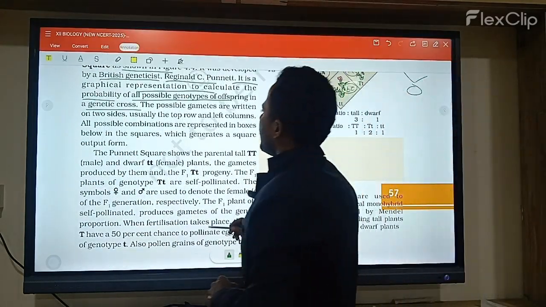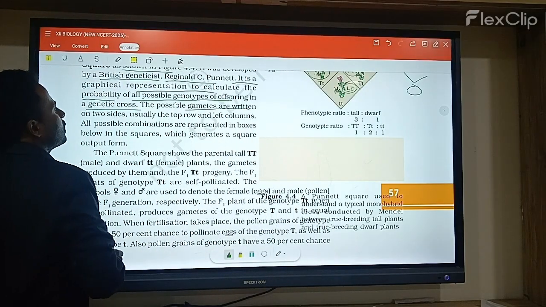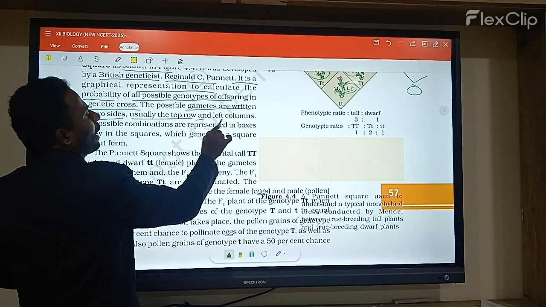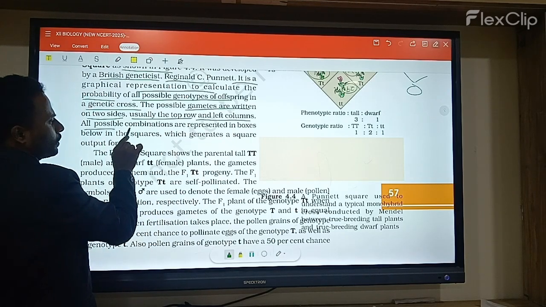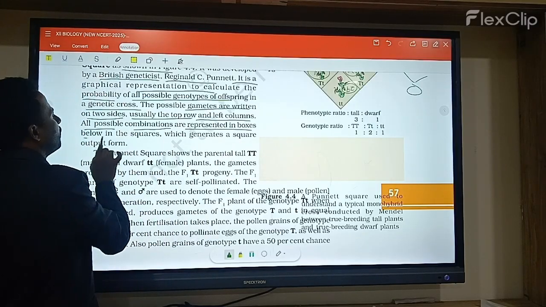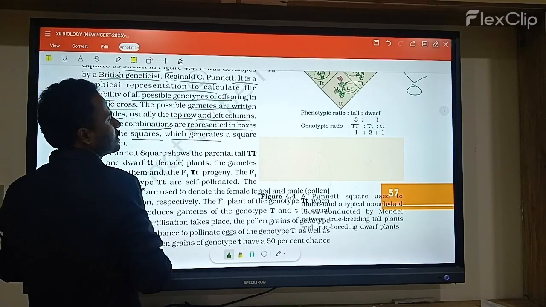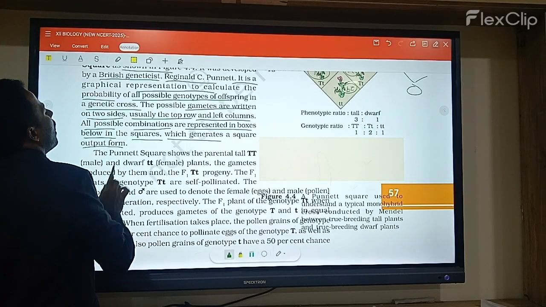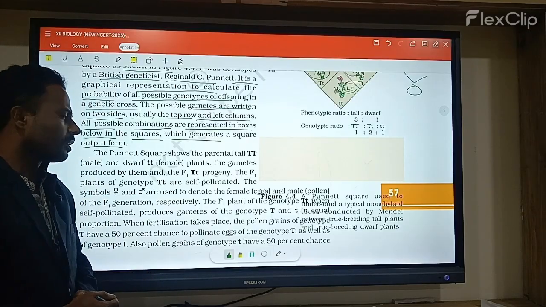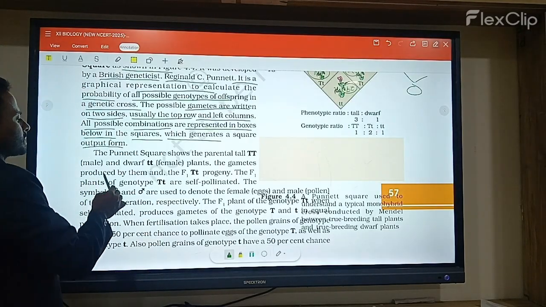The possible gametes are written on two sides, usually the top row and the left column, and the possible combinations are represented in the squares below, which generate the output form. When you observe the output form, we get all these characters.